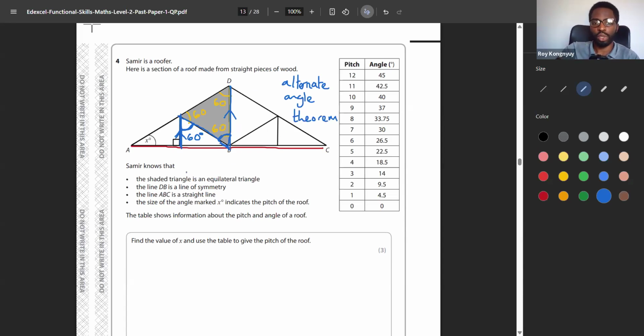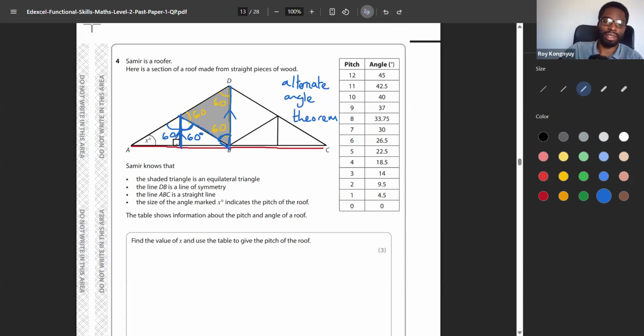Classic. So if this is 60, and we know that this AD is a straight line, that means this must also be 60 because there's 180 degrees in a straight line. And if this is 60, and we know that this is 90, because remember, this little square means that it's a right angle.